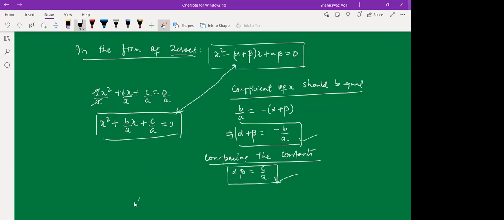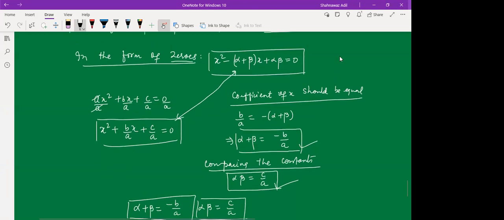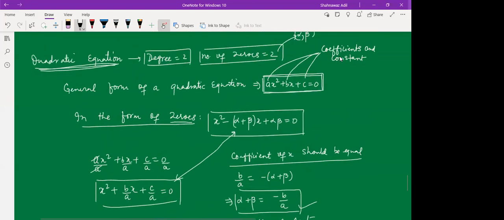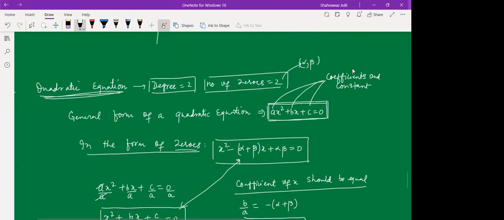Okay, so that is how you get the relationship between the zeros and the coefficients. The sum of the zeros for a quadratic equation is minus b by a, and the product of the zeros is c by a. Please note it down, and then we'll do the next part.